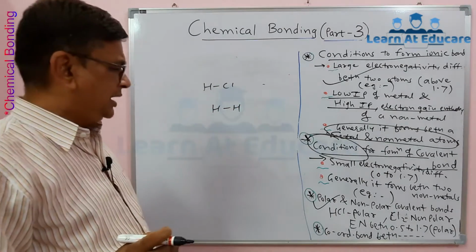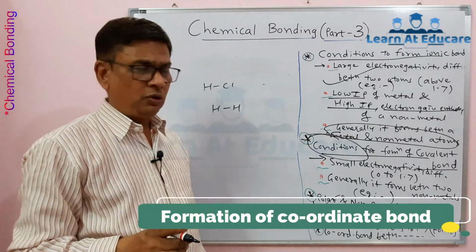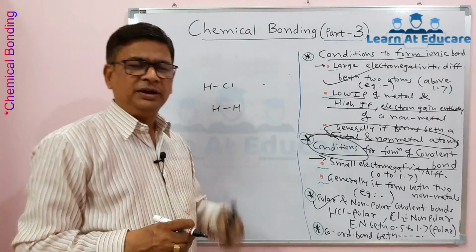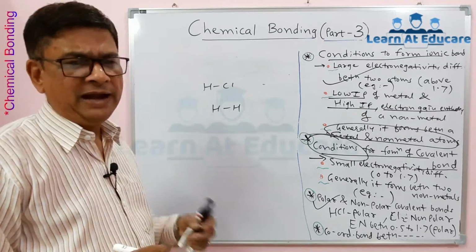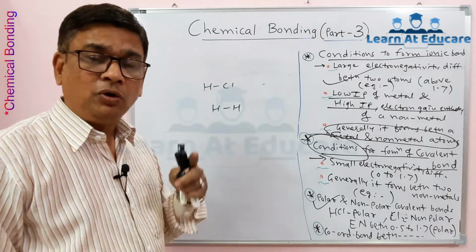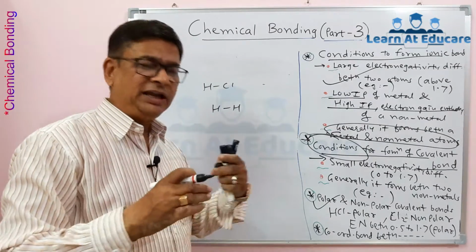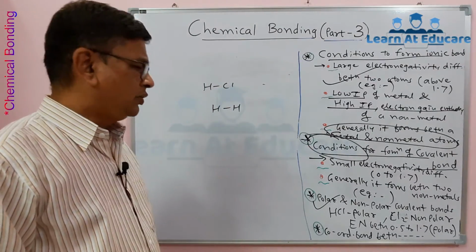We will now see how a coordinate bond is formed. A coordinate bond is formed by the sharing of an electron pair between two atoms such that only one atom contributes the pair and the other atom only takes part in sharing. That is the coordinate bond.